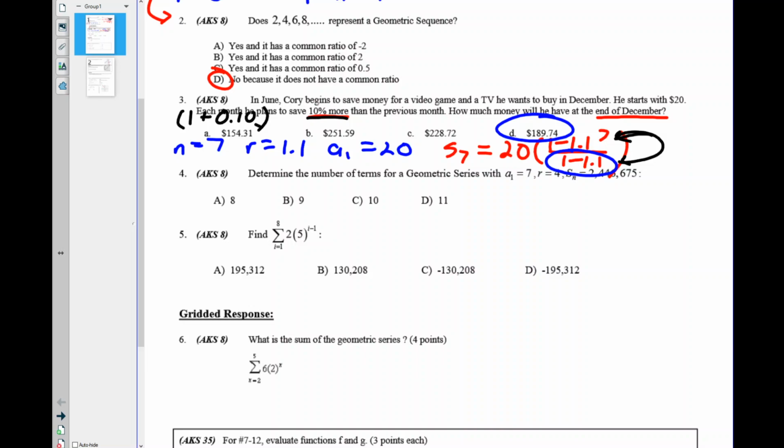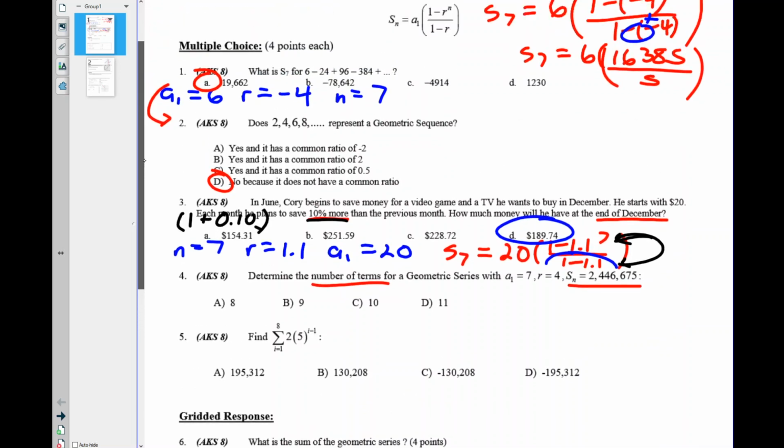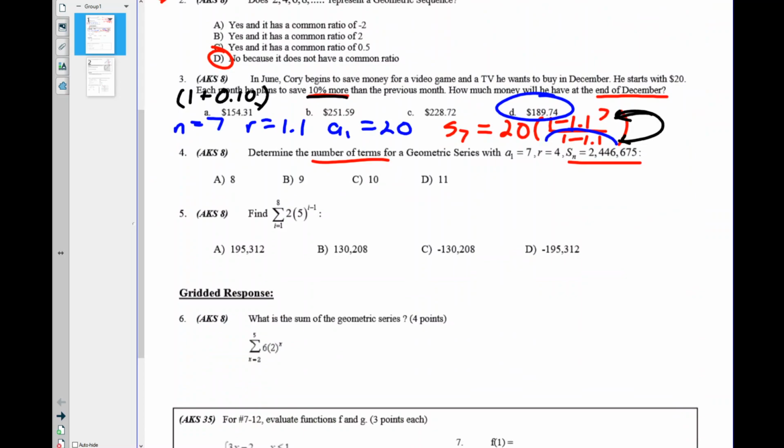They want to know number of terms. I gave you several formulas for number of terms, but because what they're giving you here is the sum, I'm just going to use the sum formula. Instead of putting sum, they're giving me the sum.